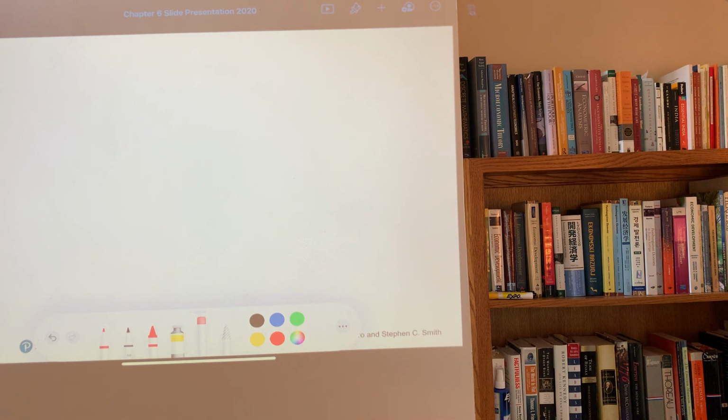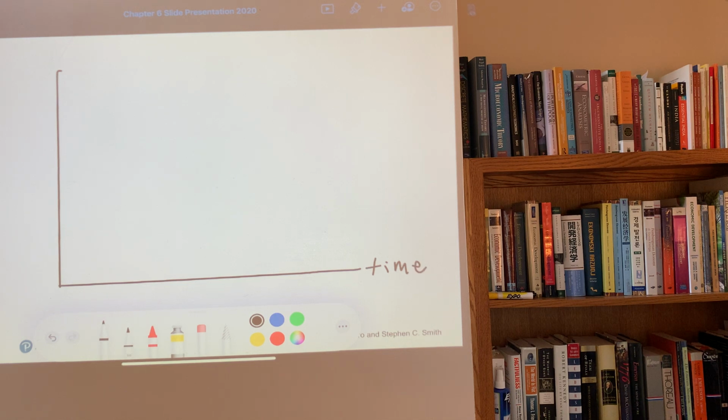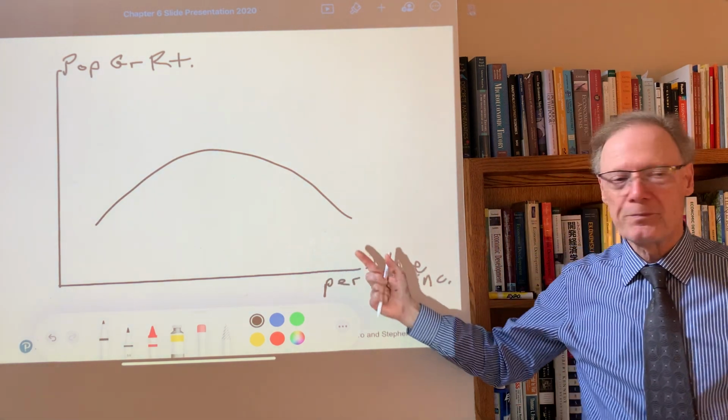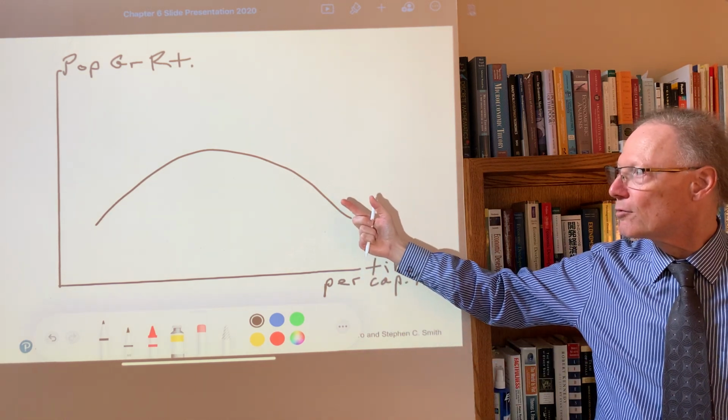And so the implication here is that if we have on our x-axis this time, or more precisely, per capita income in terms of the theory, but what we're looking at is the empirics of what's happened over time, along with increases in per capita income, and we put the population growth rate on the y-axis, we get an inverted U. Population growth rates tend to rise and then fall.